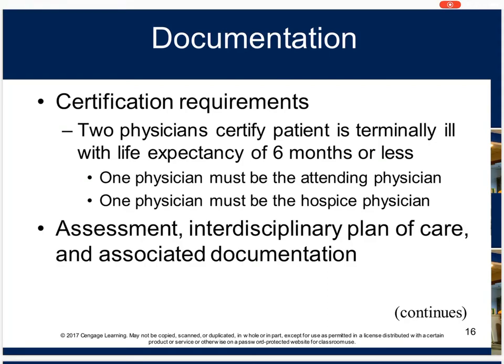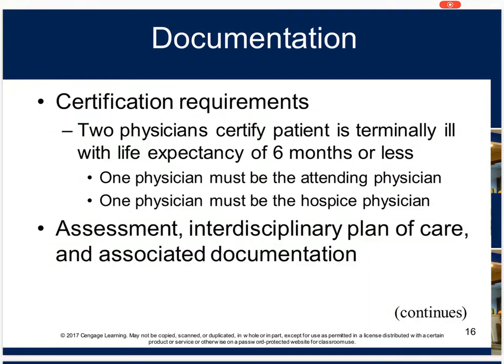Now, it talks about specifically, let's read that paragraph, requires 2 physicians to certify the patient is terminally ill with a life expectancy of 6 months or less, based on the physician's clinical judgment regarding the normal course of the individual's illness. One physician has to be the patient's attending, and the other must be the hospice physician.